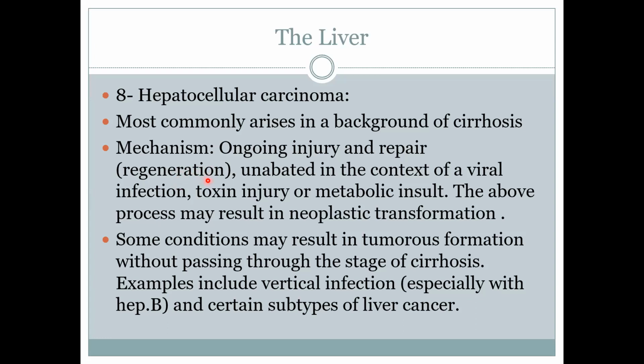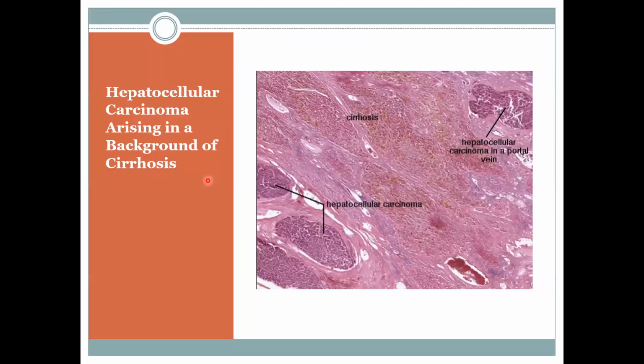Right? So here's an example of hepatocellular carcinoma that is arising in a background of cirrhosis. You can see those patches of fibrosis that are crisscrossing and fusing to create the nodular appearance of the liver, surrounding this part of the liver parenchyma, what is known as a regenerative nodule.